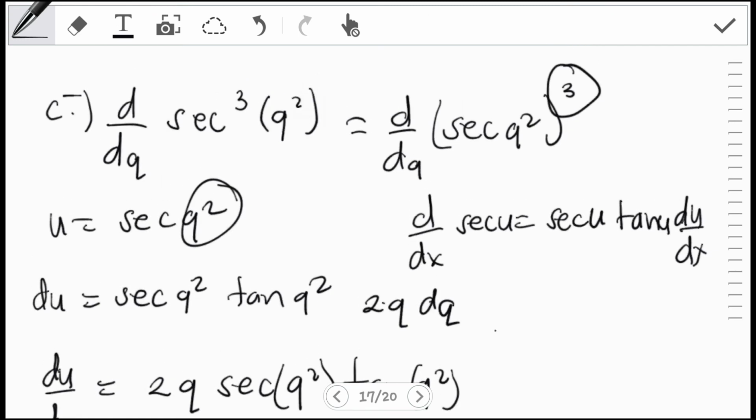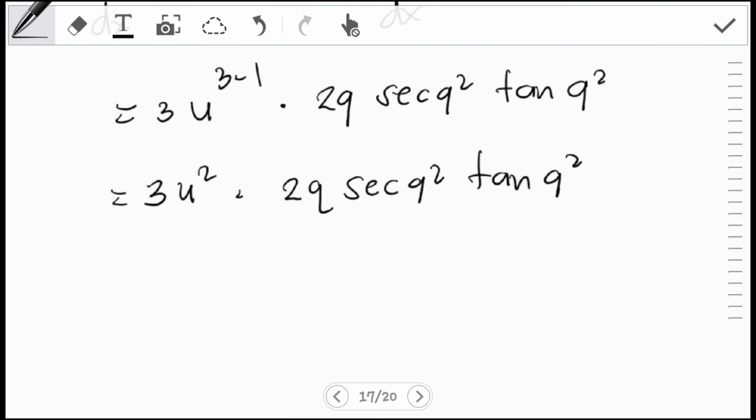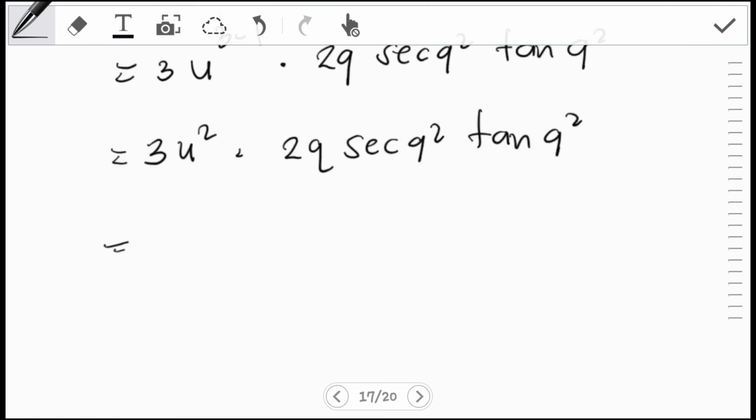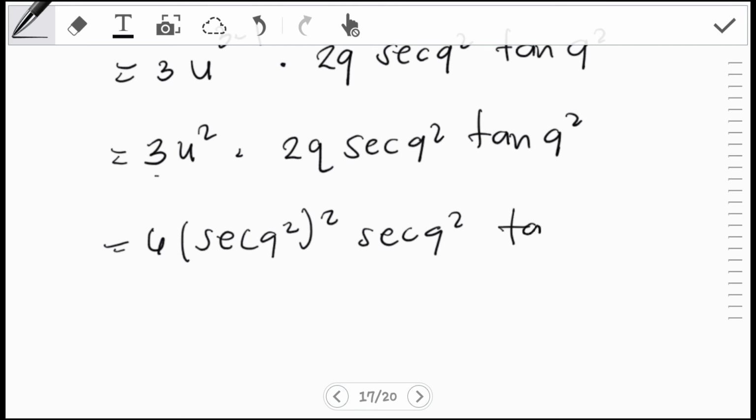Okay, so substitute the value of u, which is secant q squared, equals 2 times 3, that is 6, then times the quantity of secant q squared to the power 2, then secant q squared tan q squared.